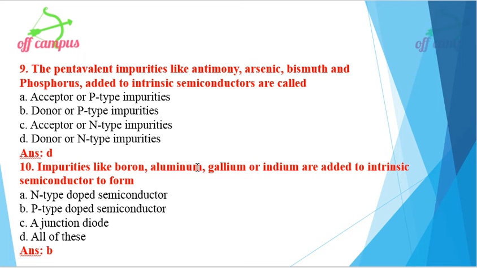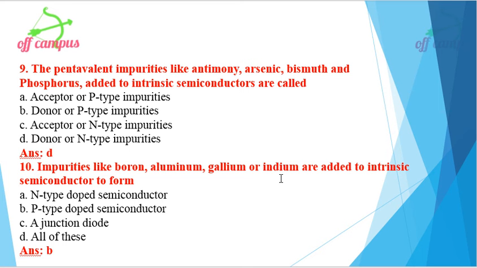Boron, aluminum, gallium and indium are called trivalent impurities. For trivalent, it is a p-type or acceptor semiconductor, whereas whenever pentavalent impurities are added to the intrinsic semiconductor, they are called donor or n-type impurities.